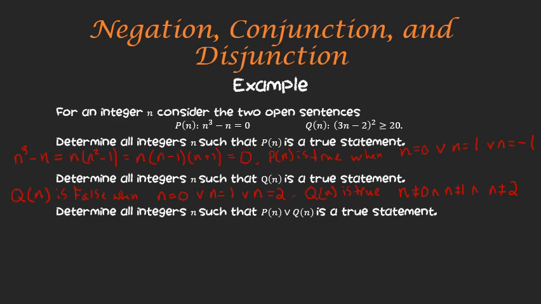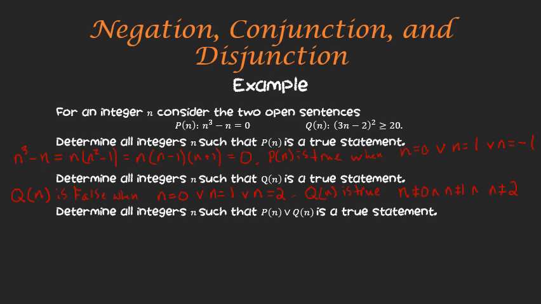When n is 2, P of 2 would be false, and Q of 2 would be false. And at any other values, either P of n will be true, so for 0 or 1, that'll make P of n true, and then for any other values, Q of n will be true.